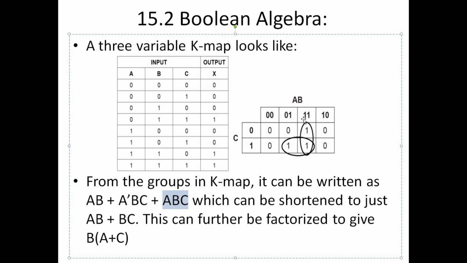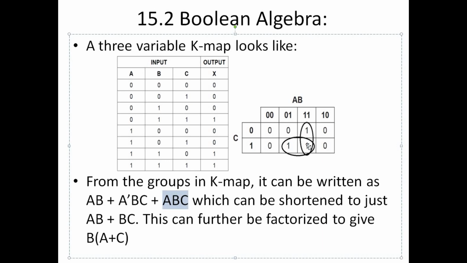Why ABC? This is A, this is B and this is C. This circle has an A, a B and a C. All three of them are on to give a 1 output. So again we are going with the 1 outputs.